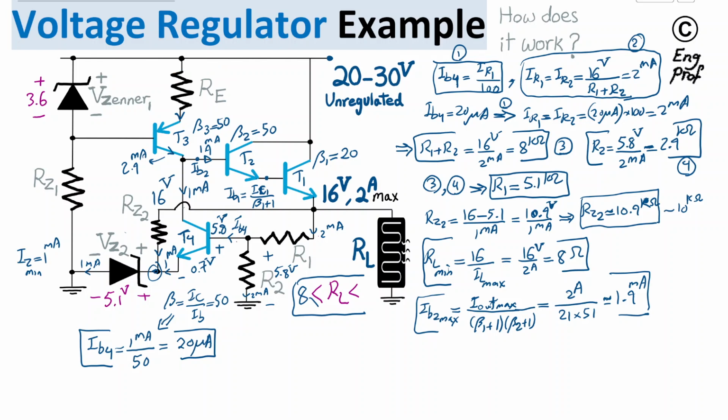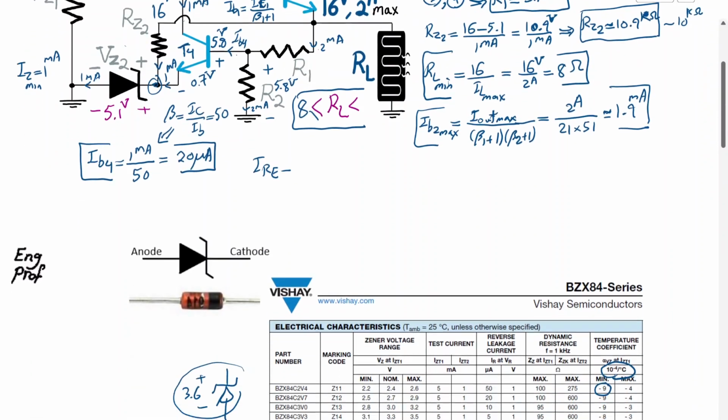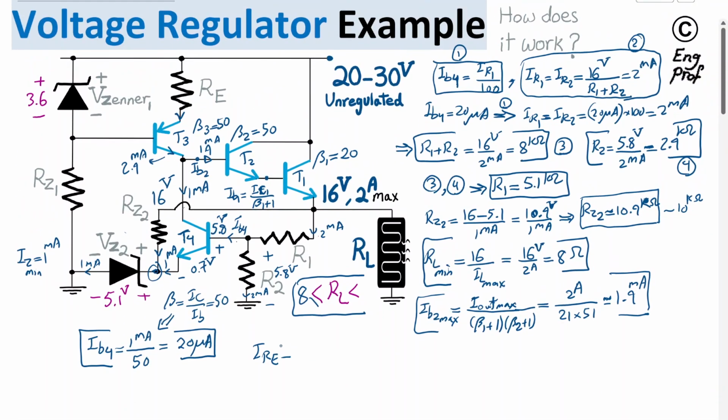So all I can say is the current of resistor RE is equal to, let's first write it down, 1 milliamp, which is the current needed for transistor T4 and the Zener diode, plus the 1.9 milliamp. So this one is IT4, and this one is IB2 max.